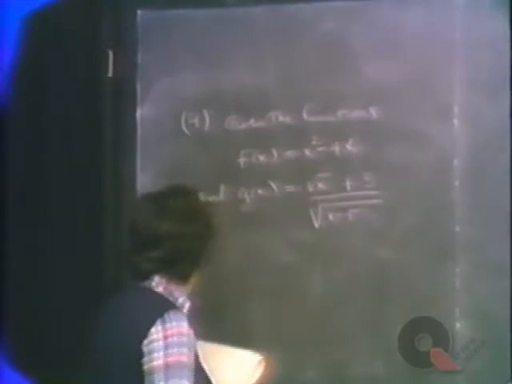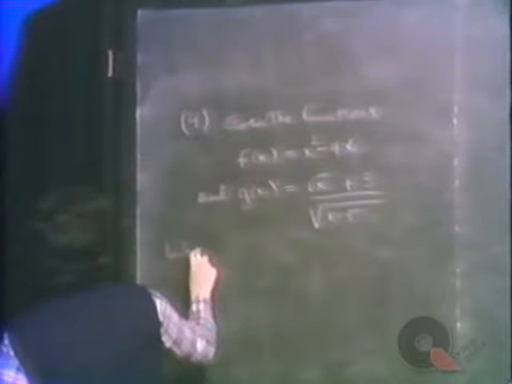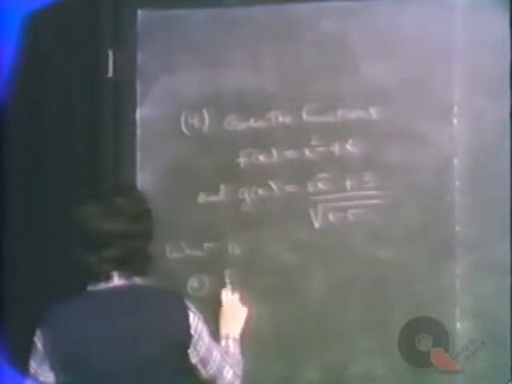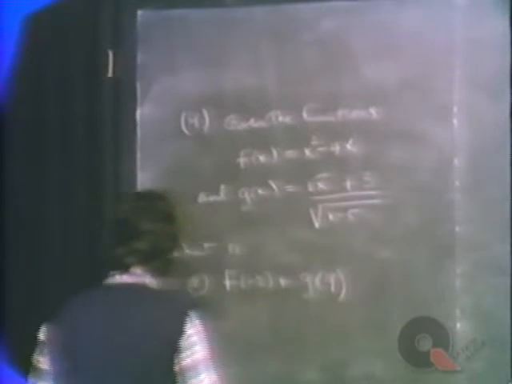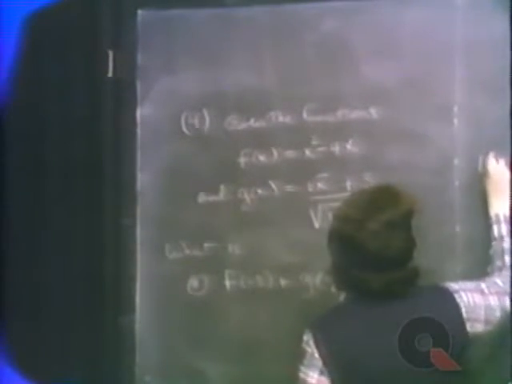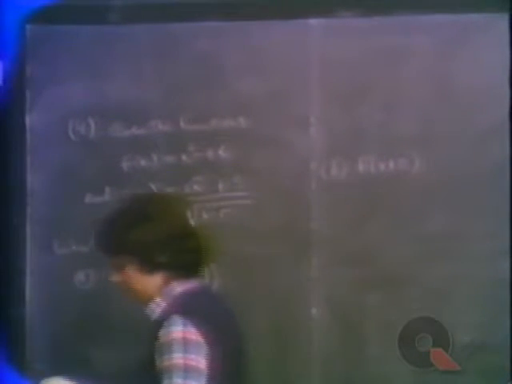And we are asked to find various things. We are asked what is, in A, f of minus 2 plus g of 9. And then later in B, we're asked for f of x plus 2.